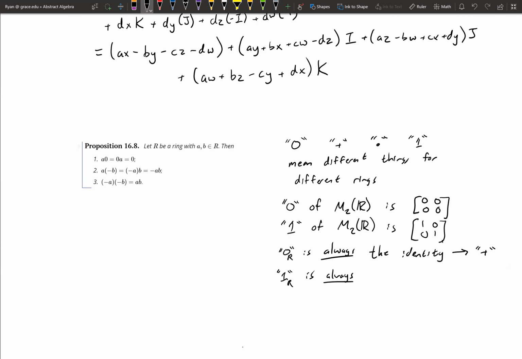That makes sense? It's always the identity of multiplication.